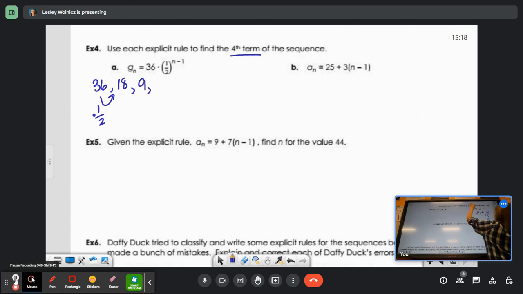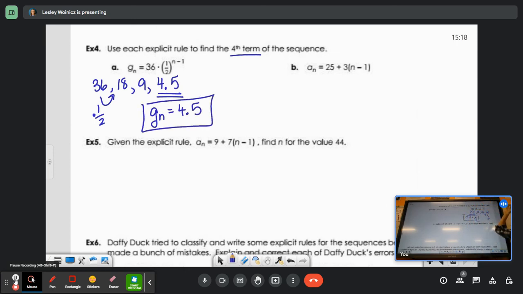Half of 9? 4.5. So this is the only one we care about. We only care about g sub n being 4.5. Okay, the answer isn't all of the first terms. It's just the fourth one. You see the difference?